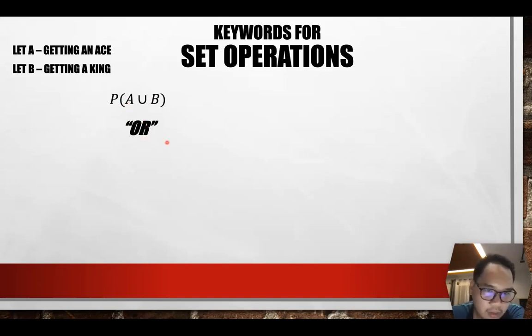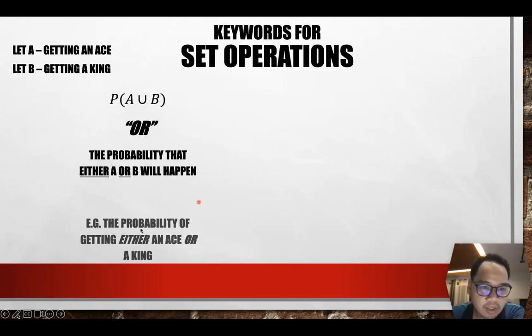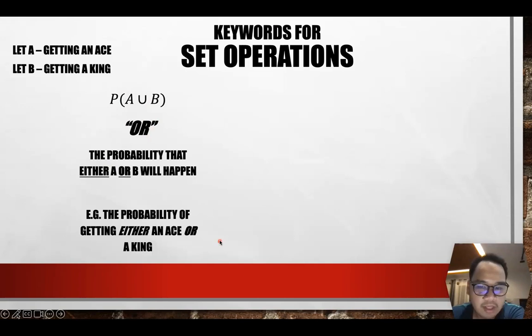That's why we're using the additive rules when we have this union or "or"; the operation basically is plus. So it's asking about the probability that either A or B will happen. For example, what's the probability of getting either an ace or a king in a single draw of cards? And the operation regarding this is the plus or the addition.